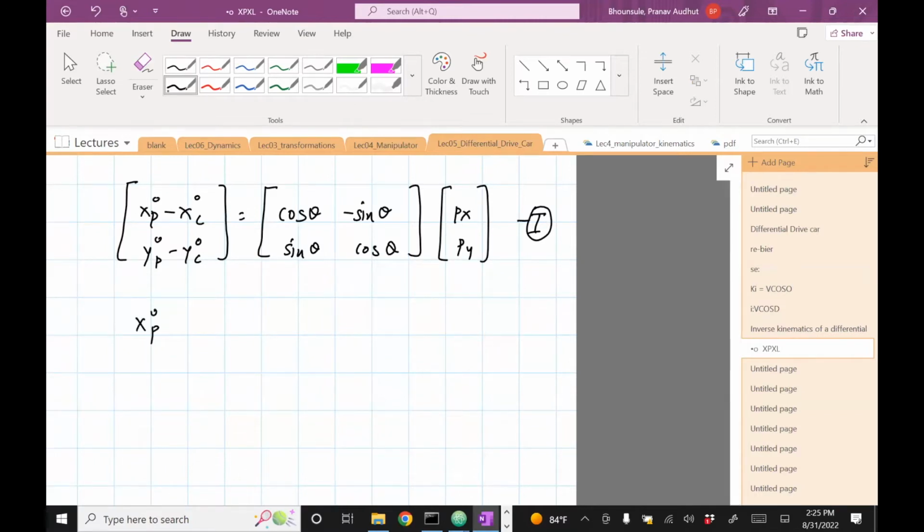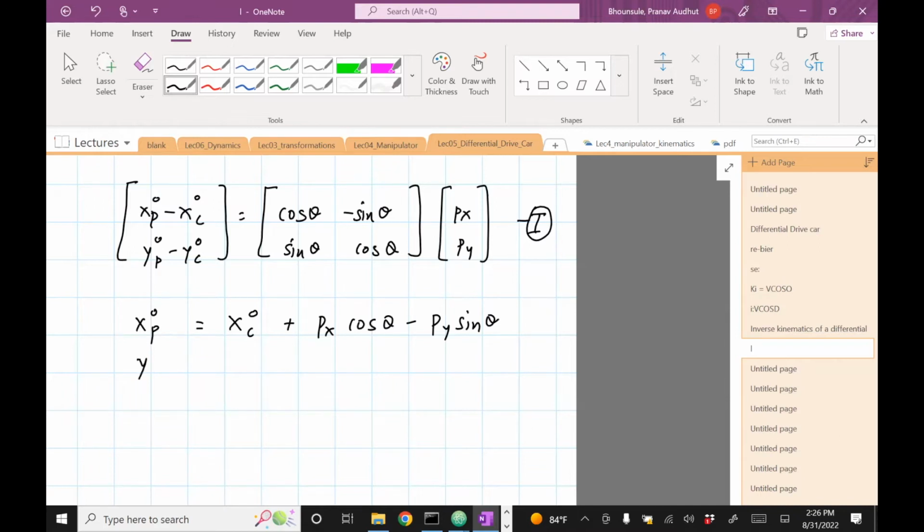Let's just write it as xP0 equals xC0 plus. To get the next part, you just have to multiply Px, Py with that rotation matrix. So it comes out to be Px cosine theta minus Py sine theta.